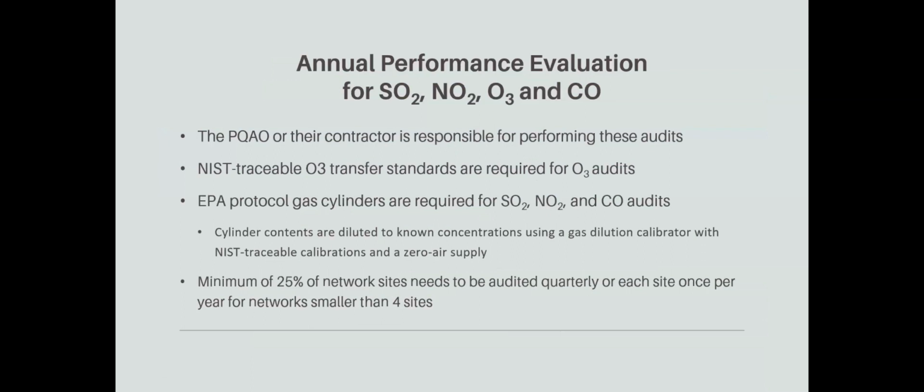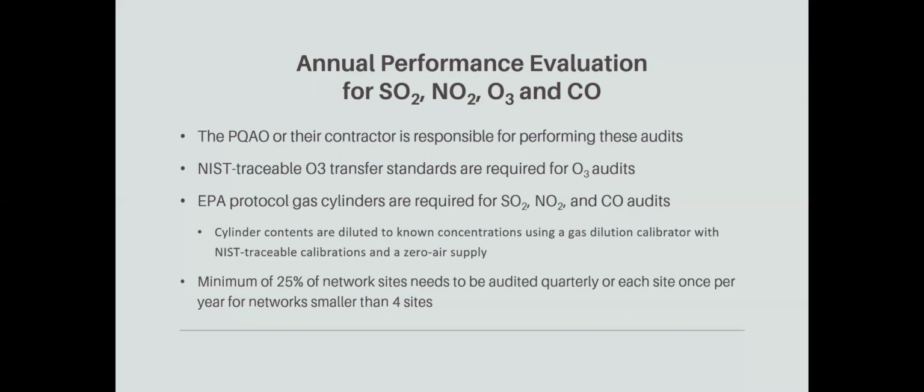So the annual performance evaluation for our criteria pollutant gases, also known as APE, is the responsibility of the PQAO or their contractor to perform. Again, everything here is NIST traceable, so there has to be an independent NIST traceable ozone standard for the ozone audits.